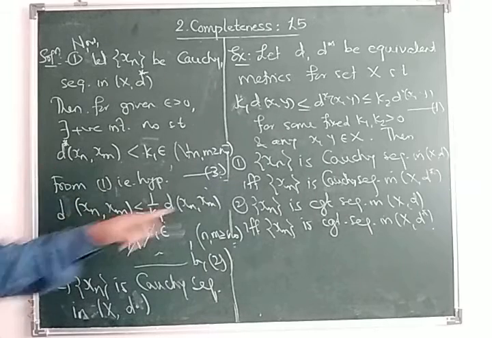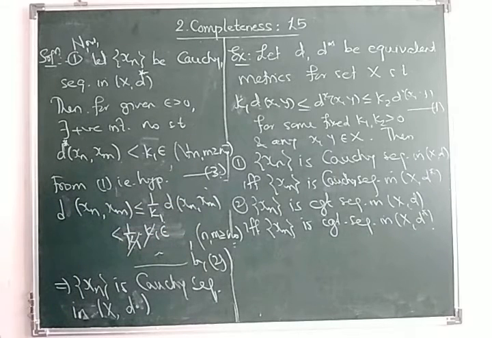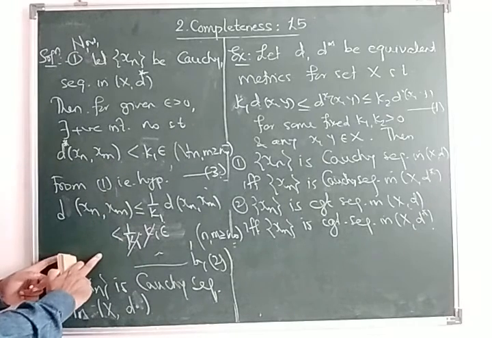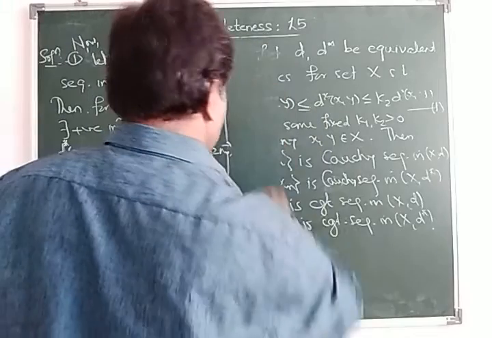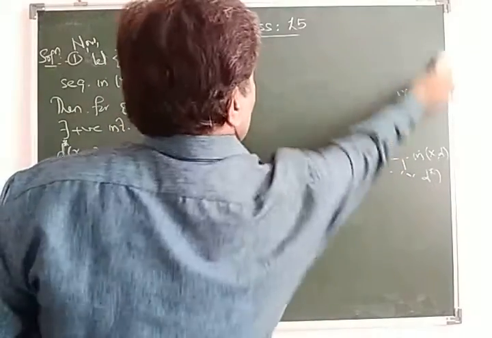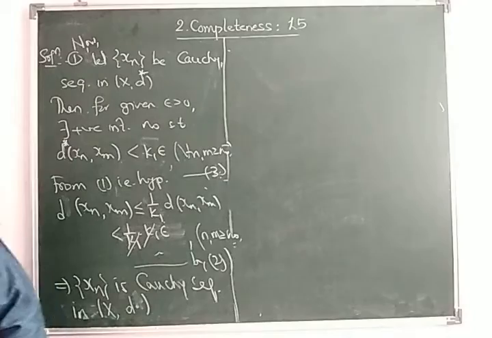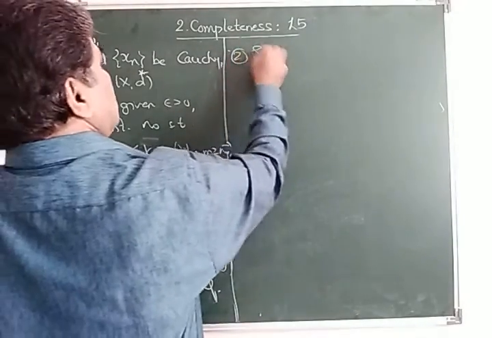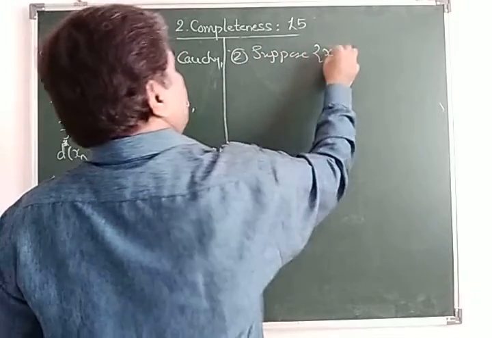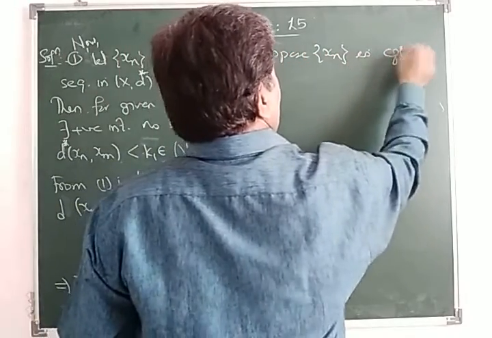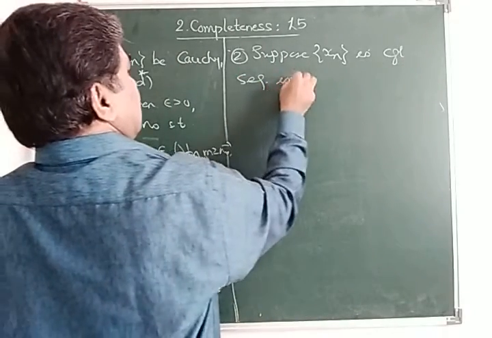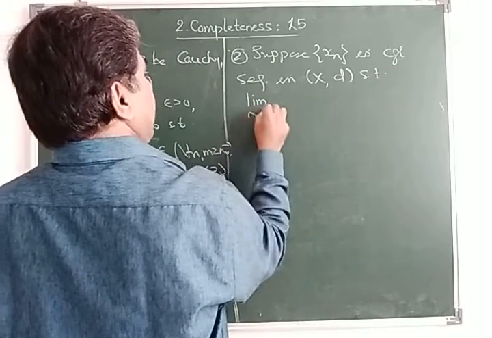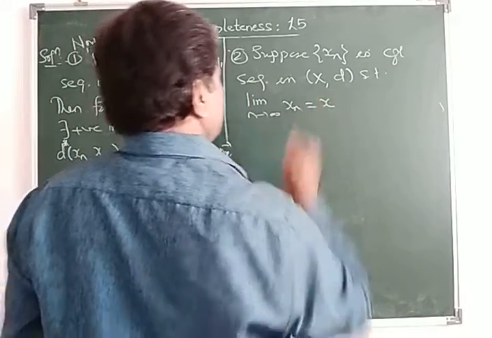Now, for the second, suppose xn is convergent sequence in Xd such that limit n tends to infinity of xn is equal to x.